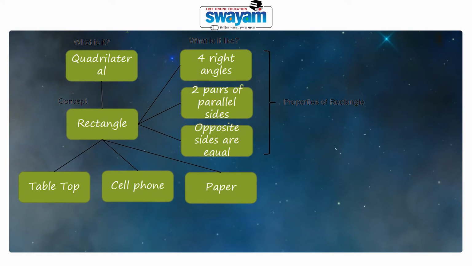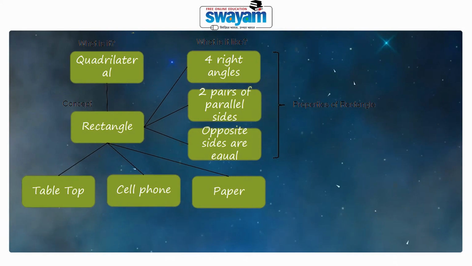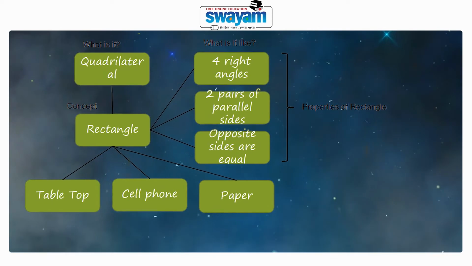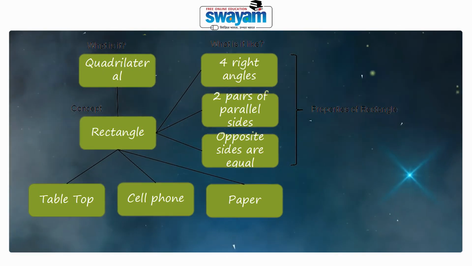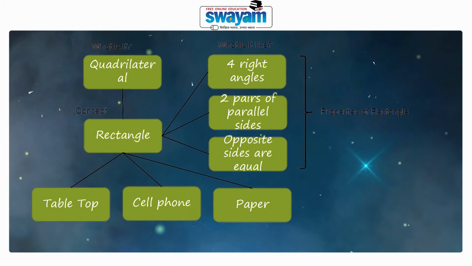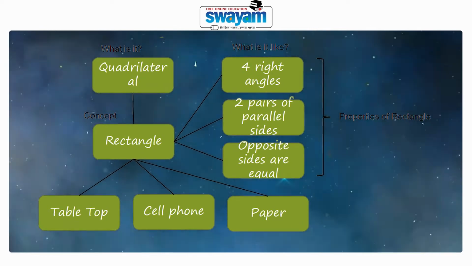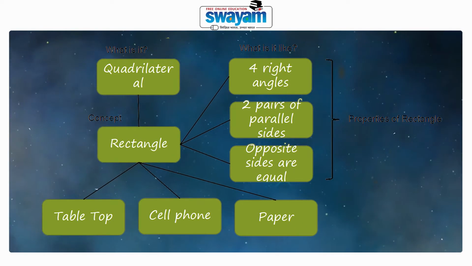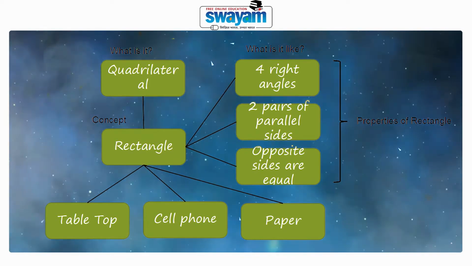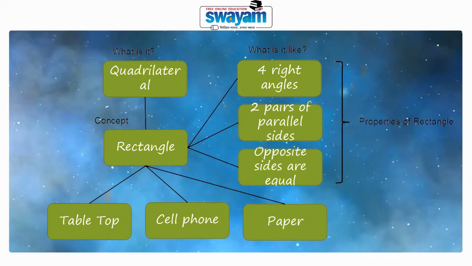The concept is the defining of the term rectangle. The first question is, what is it? It tells us that it is a quadrilateral, that means a structure which has four sides. So, the concept is being defined by the term quadrilateral. The second question is, what is it like?